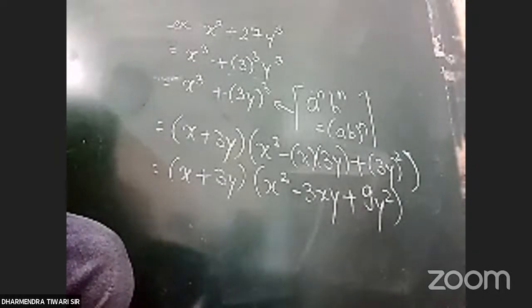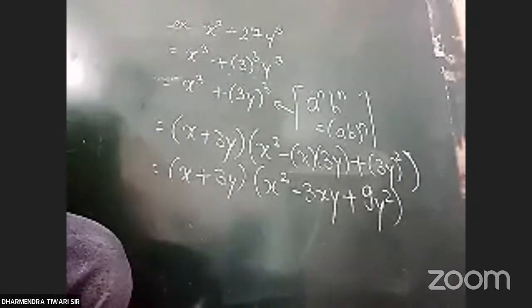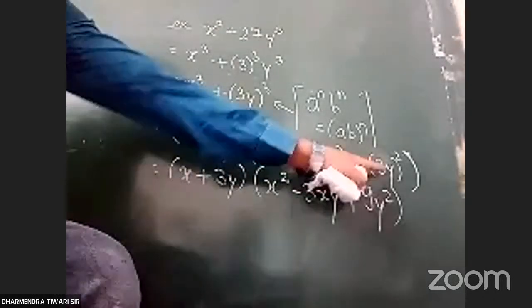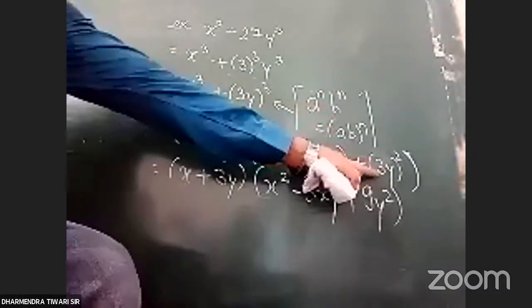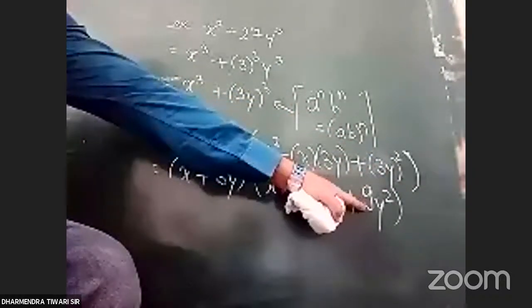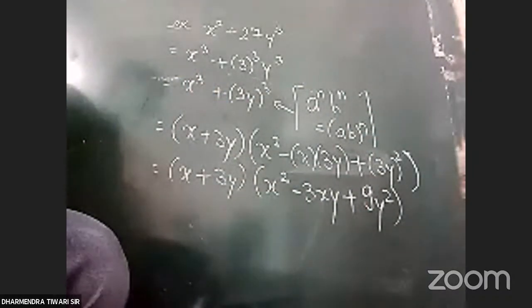So this was one of the simplest problems based on the formula that we have derived, that is a cube plus b cube. Not a big deal. Here we have applied the same rule. 3 square y square, 3 square is 9, so I've written 9y square. And all other terms are as it is.